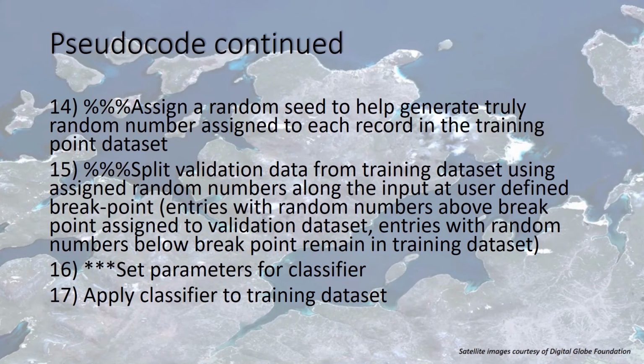From this point out, we'll be running the classifier with that bigger set, the training data set, and we'll bring the validation data set, the smaller one, in later on after we've created the map. This is just the housekeeping for setting up, like how you randomly assign whether a record goes into the training or validation.